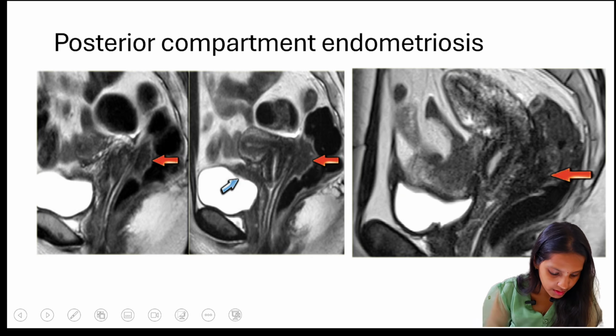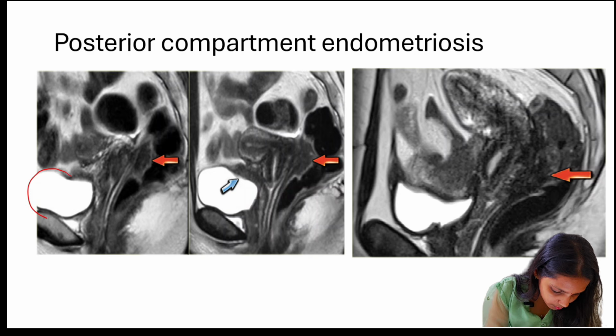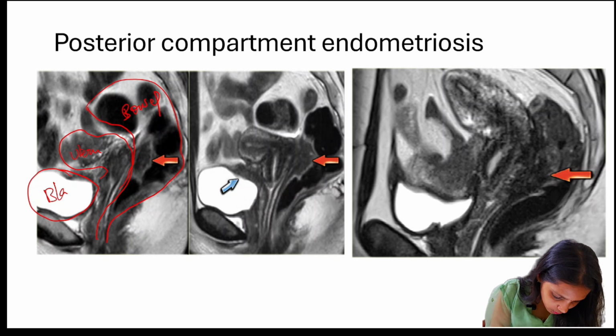The posterior compartment endometriosis. Here in this image, this is the bladder, this is the sagittal section, this is the uterus, and this is the bowel. These are the outlines. Here we can see that there is loss of the outline involving the uterine serosal surface and the bowel.